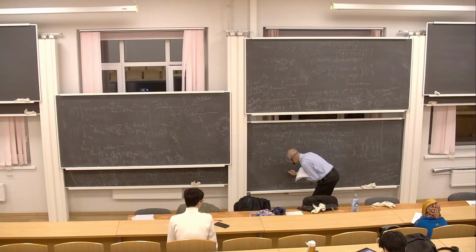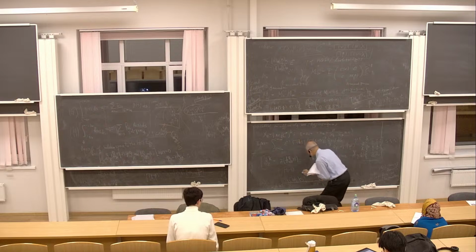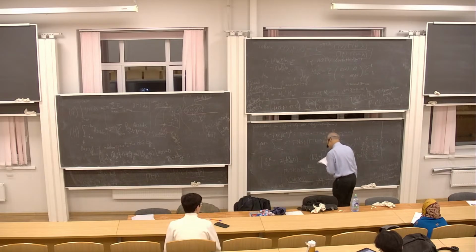Gamma 1 minus s times gamma s equals sine pi s over pi, isn't it?